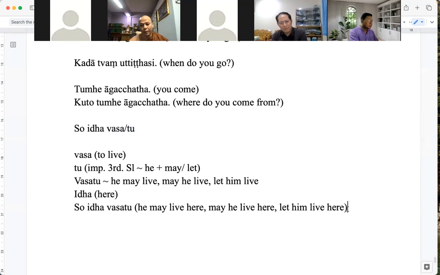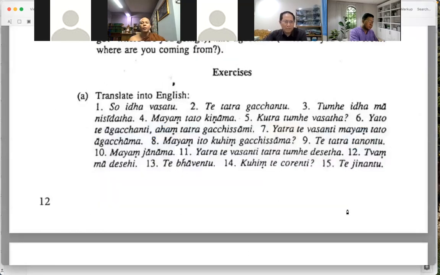Okay, let's move to the next sentence. Idha dadara gachantu. Here the verb is gachantu: gaccha and antu. Gaccha means to go, we know that. Antu is imperative mood, plural.